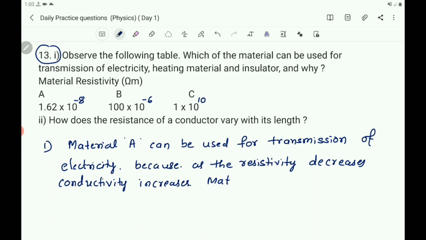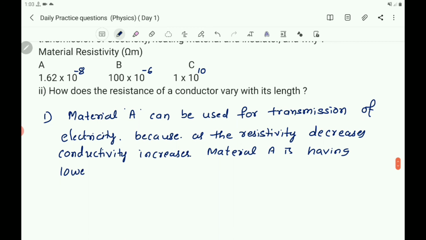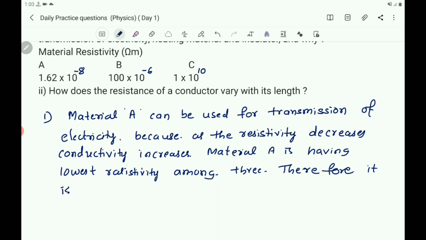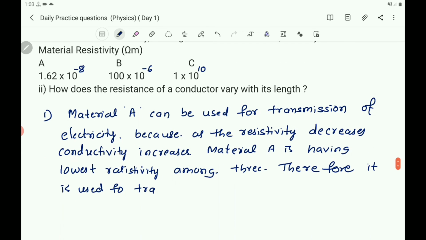Material A is having the lowest resistivity among the three. Therefore, it is used for transmission of electricity.